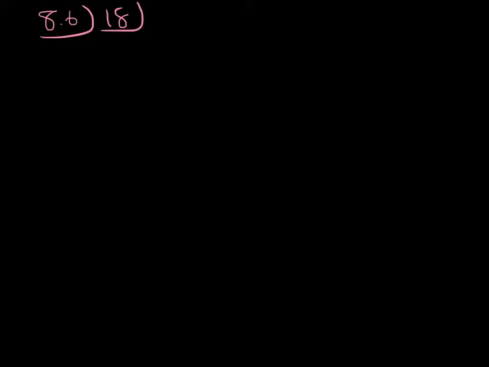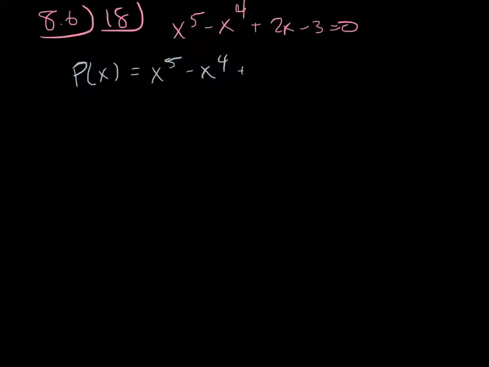8.6, number 18 says x to the 5th minus x to the 4th plus 2x minus 3 is equal to 0. So let's look at P of x, the original, x to the 5th minus x to the 4th plus 2x minus 3.